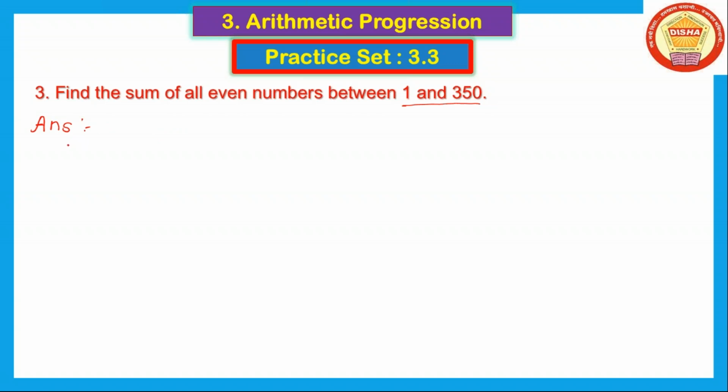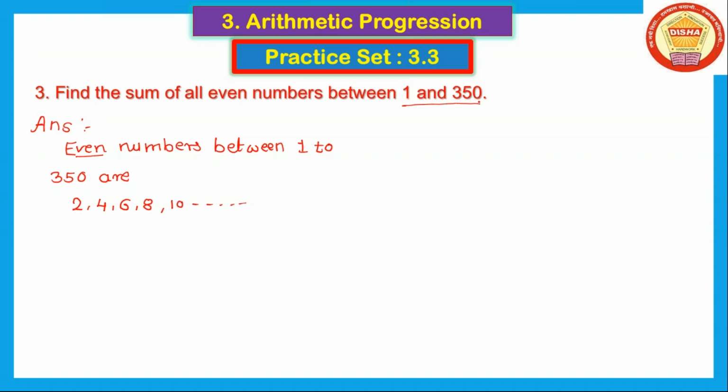So first we write here even numbers between 1 and 350. Which are the numbers present between them? The numbers are even numbers, so we start from 2, 4, 6, 8, 10 and so on.